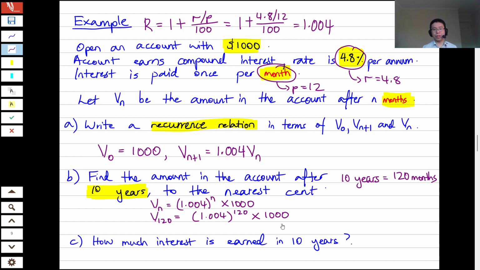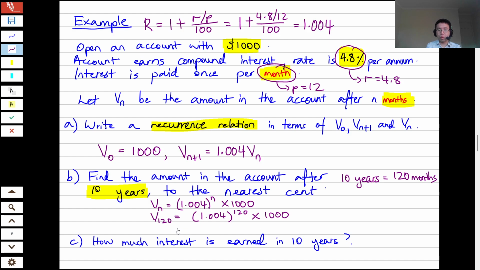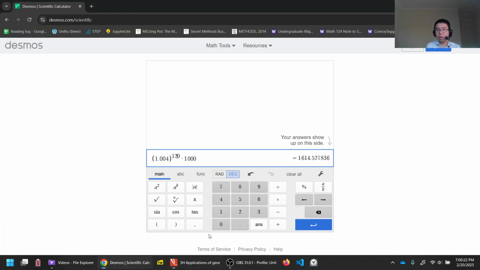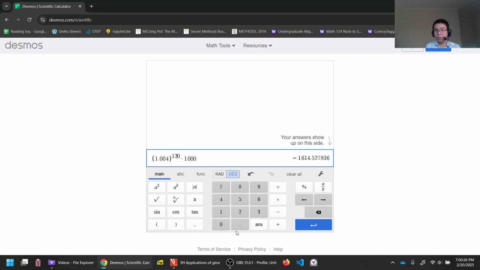You definitely want to use the rule for this because you don't want to be pressing times and enter 120 times. So let's go ahead and do this calculation. So it's 1.004 to the power of 120. And the answer is 1614.5278.